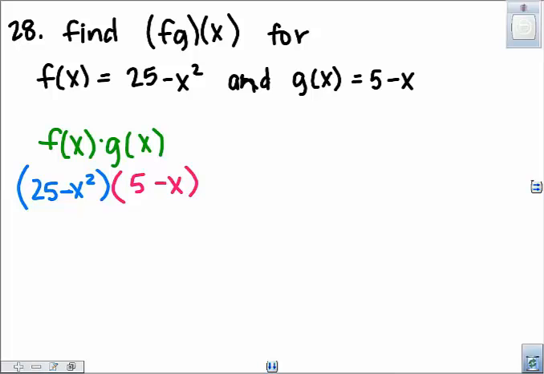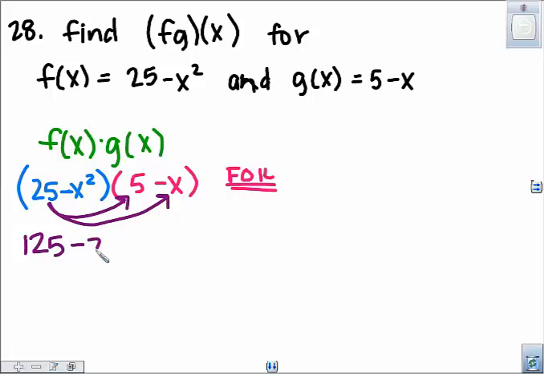Now, this is simply algebra 1, where you need to FOIL. So remember, that's first. So 25 times 5. Outer. It's negative 25x. Inner. Negative 5x squared. And last, positive x cubed.